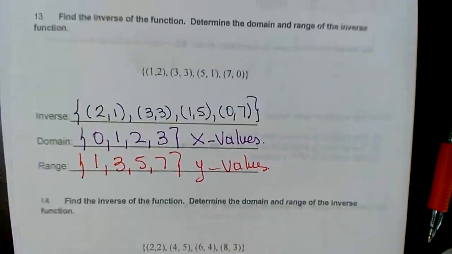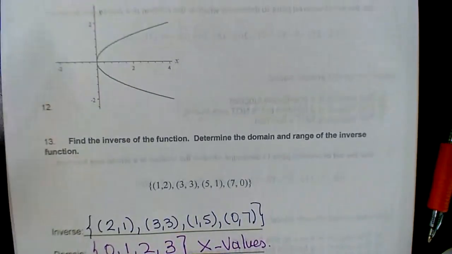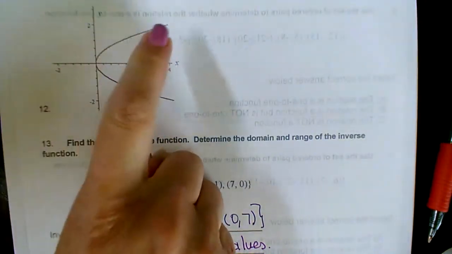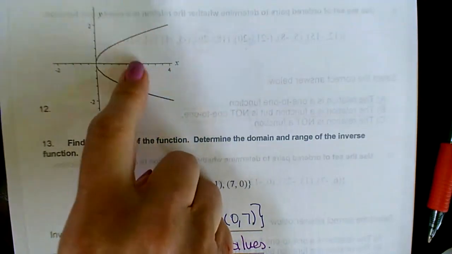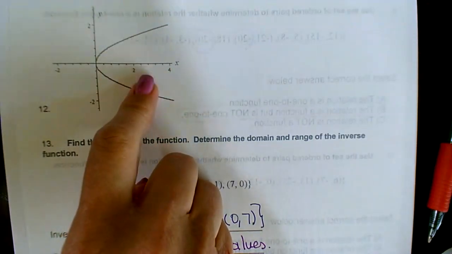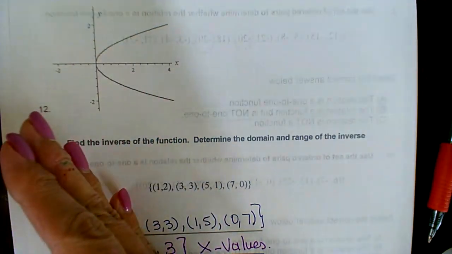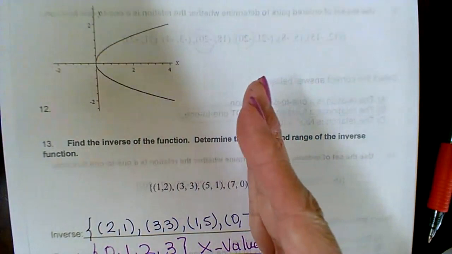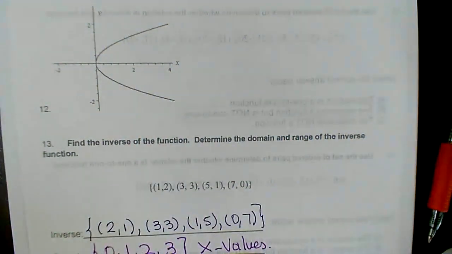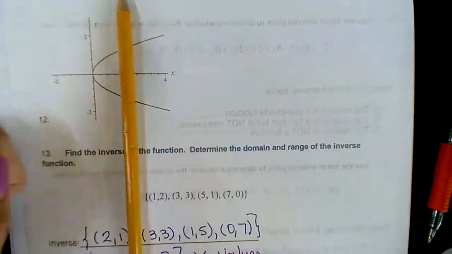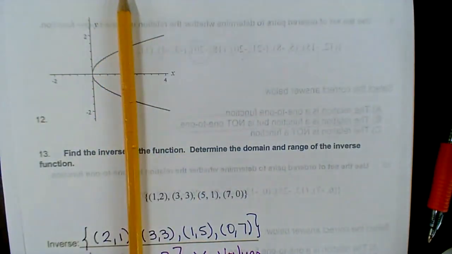That's 14, and let's do 12. It says determine if the graph is a graph of a function. And if it's a function, is it a one-to-one? So just by looking at it, let's see if it's a function. No, it's not a function.